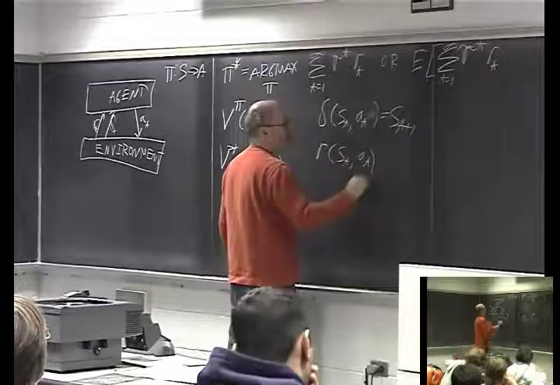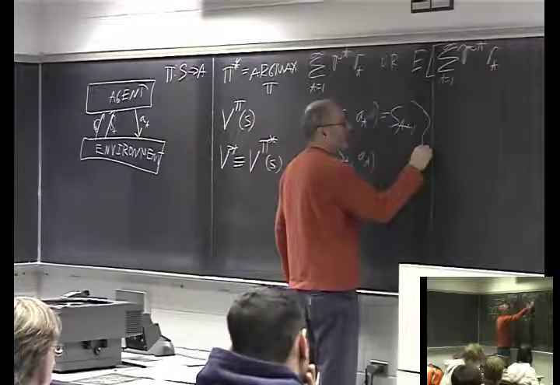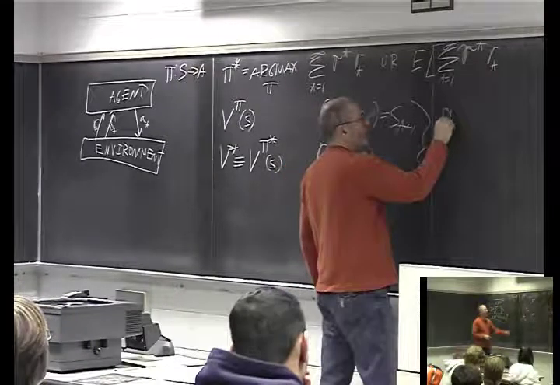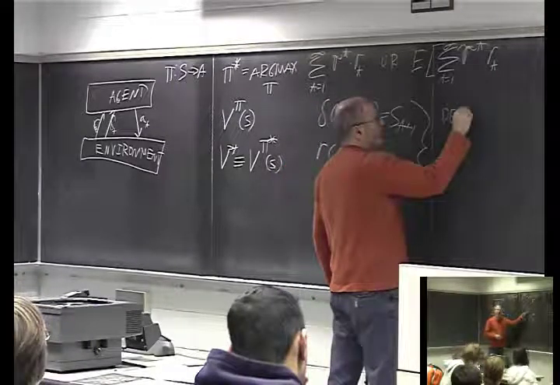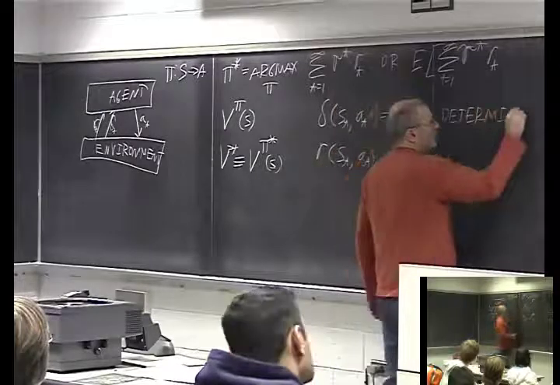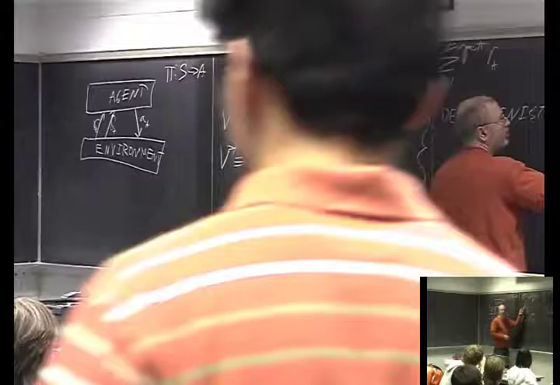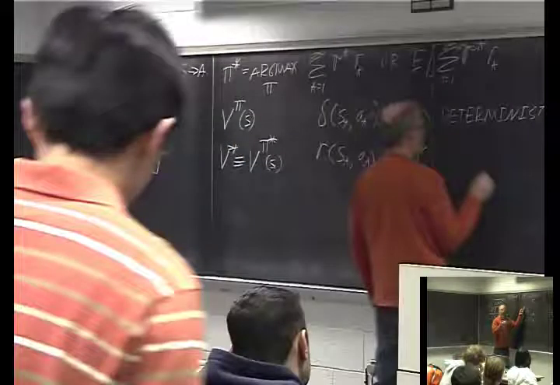We define the optimal policy. Pi star is the one that maximizes this thing, and then we also define the value of a given state. The value of a given state under a given policy is the expected total future discounted rewards you're going to get if you start from that state and follow that policy.